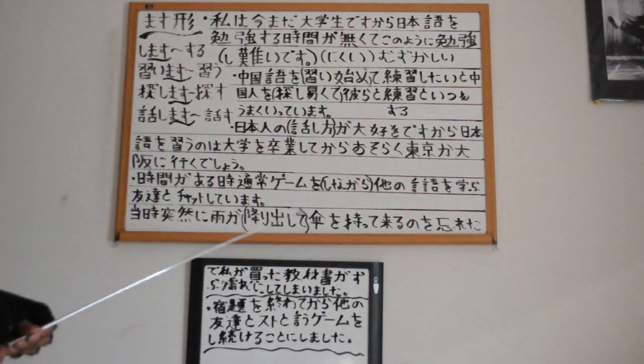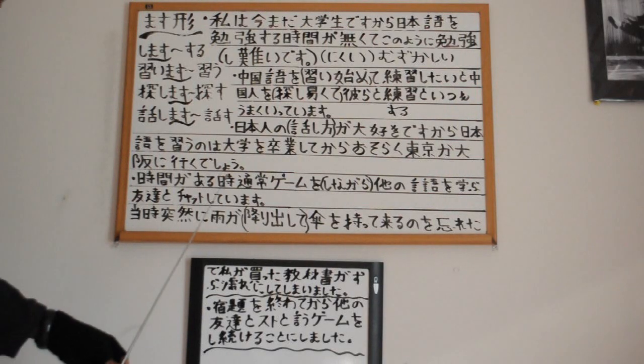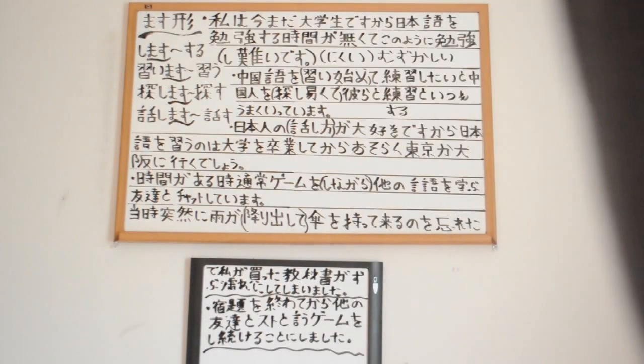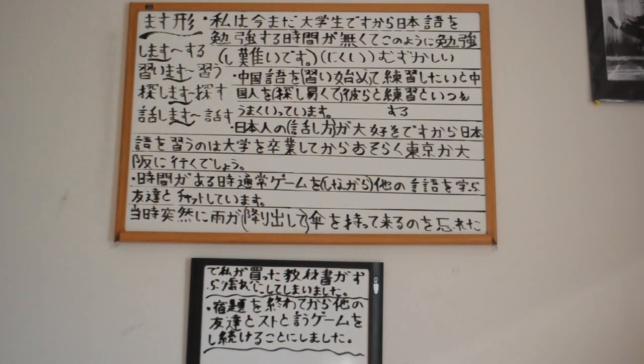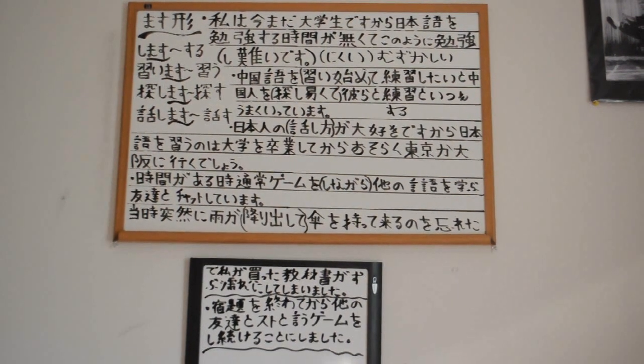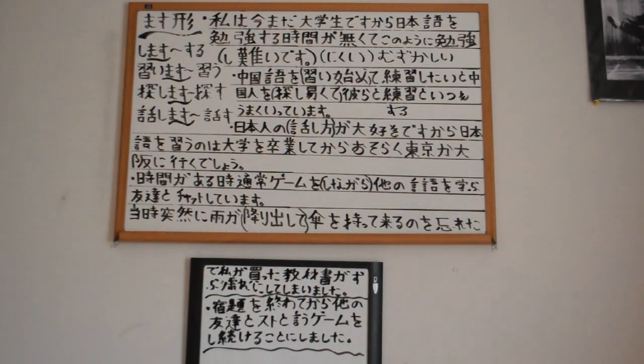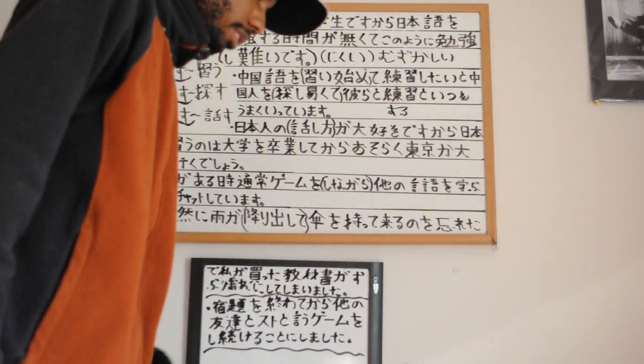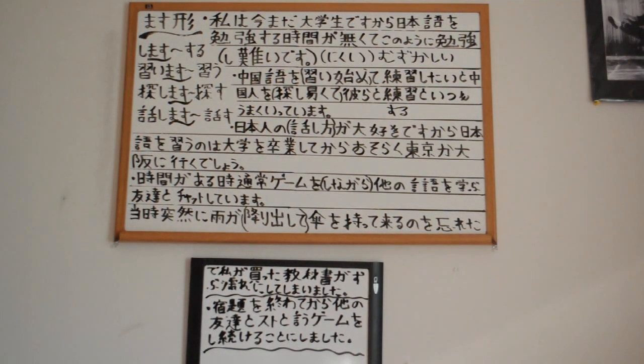All right. Jikan ga aru toki. Jikan is time, dealing with possession. Ga aru toki, when I have the time. Actually, I think there's a better way of saying this. I think instead of saying aru toki, attara is better. Just something is telling me that attara is better to use.